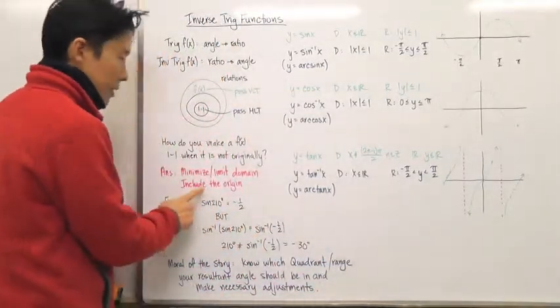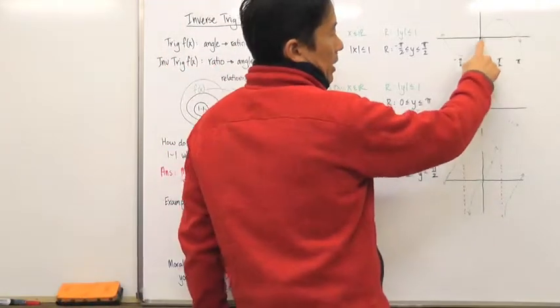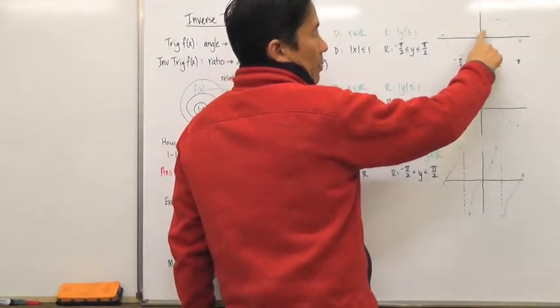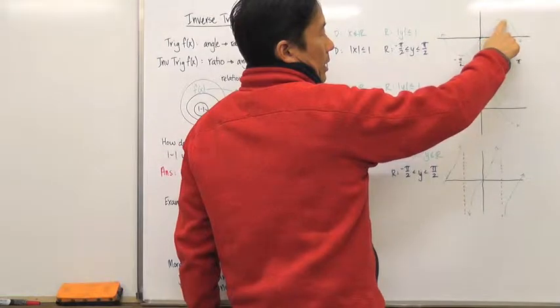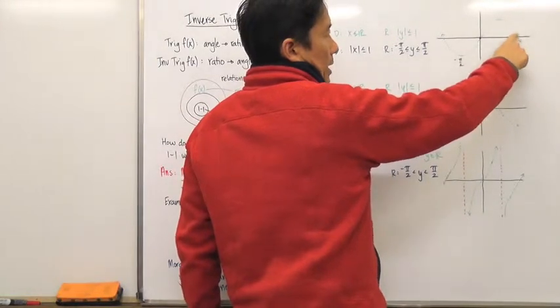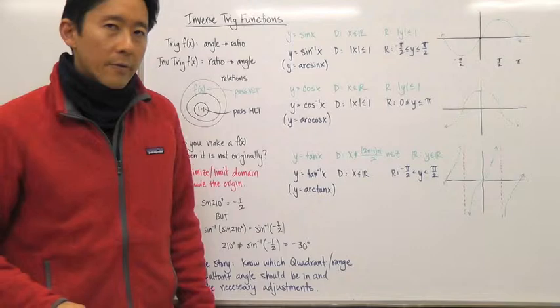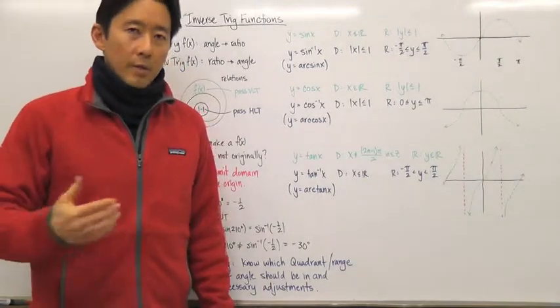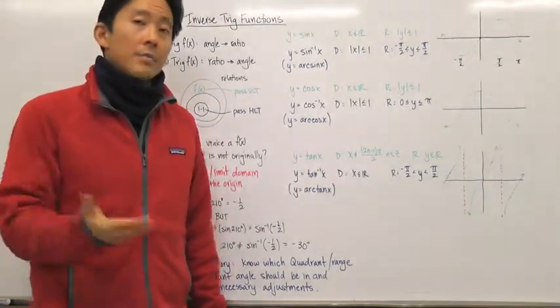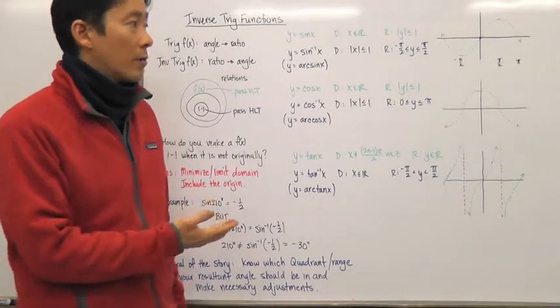So what we'll also do is include the origin. If I take a look at the origin here, if I go positive and go up here and then go back down, the function is no longer passing the horizontal line test, which again is something that we need in order for the function to be one-to-one.